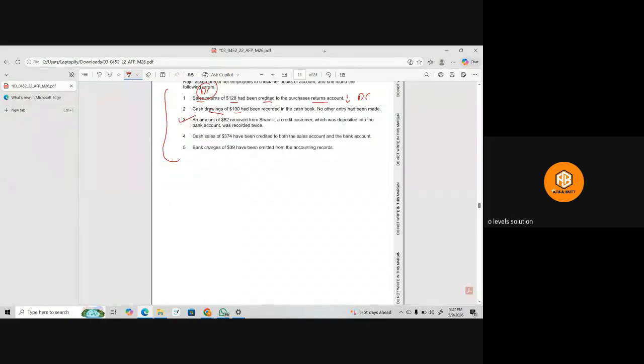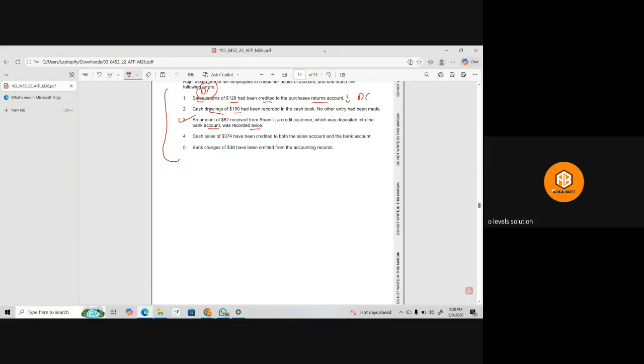Then the third one, an amount of 62 received from Shamili. She must be a credit customer. So when she paid money, the cash book should be debited and Shamili should be credited, because the receivable has decreased. Shamili is a receivable, and the amount, which was deposited into the bank account, was recorded twice.